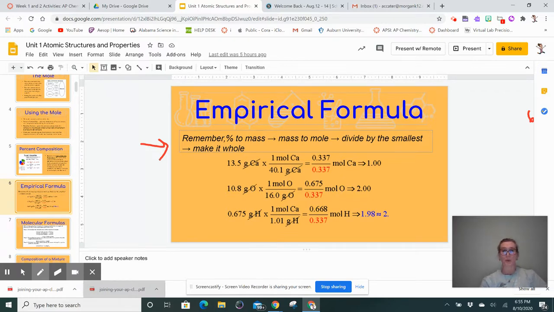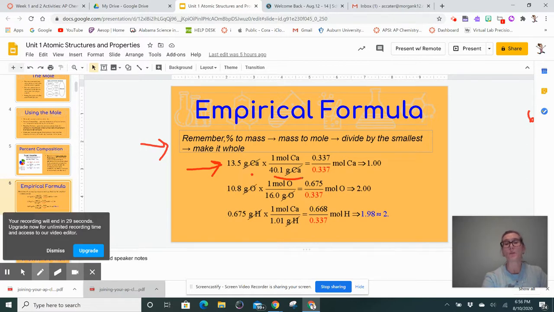For example, calcium hydroxide: we have 13.5 grams of calcium divided by the mass to mole ratio. I know that in 1 mole of calcium, there's 40.1 grams.